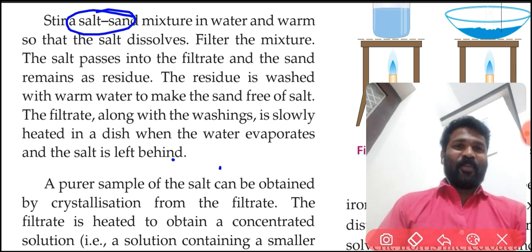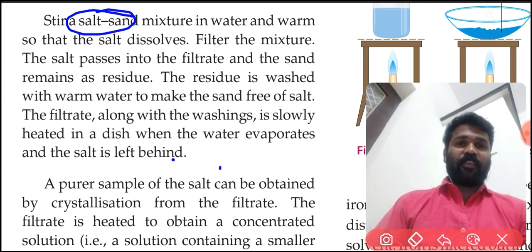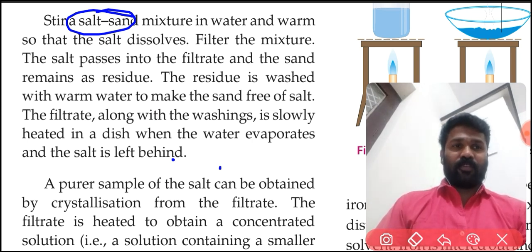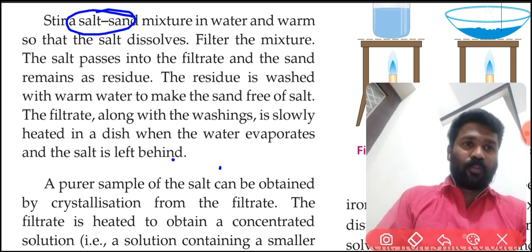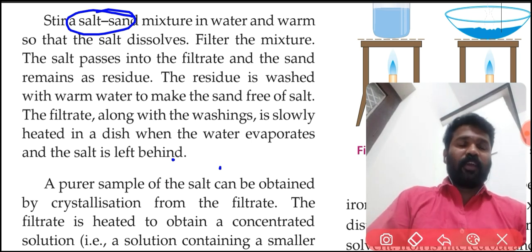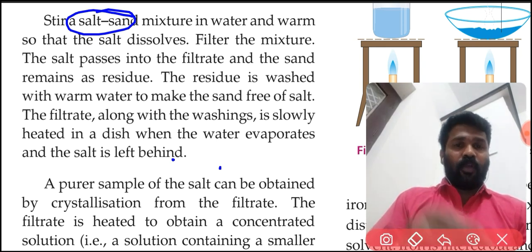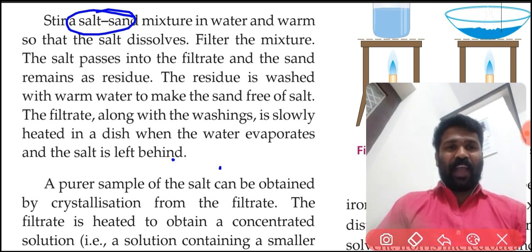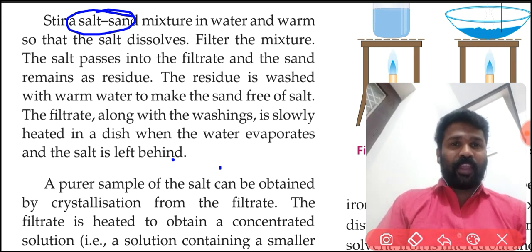Okay students. Then the filtrate along with the washings. The filtrate we are getting down there in the beaker is salt solution. By washing the residue, we are getting some more solution also. So the filtrate along with the washings is slowly heated in a china dish, when the water evaporates and the salt is left behind.